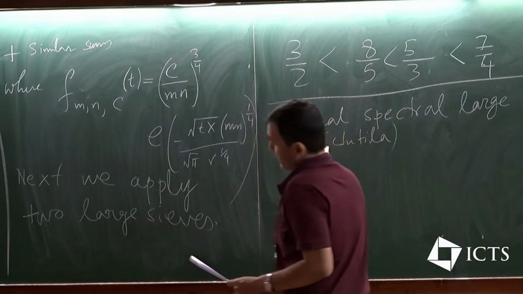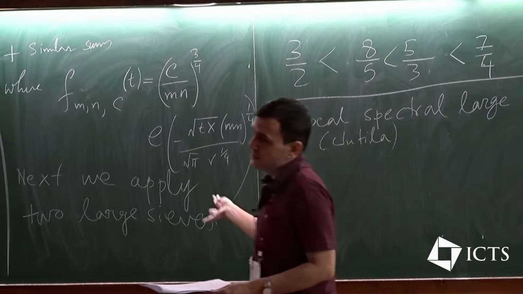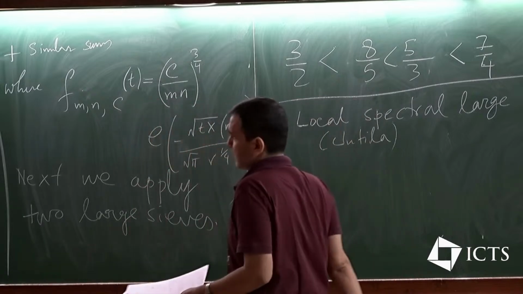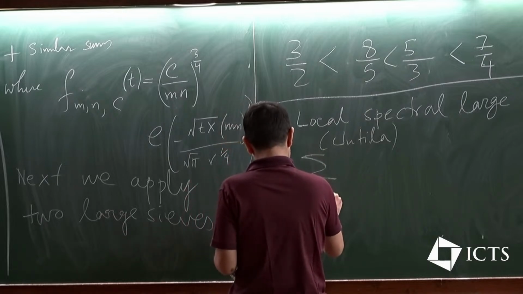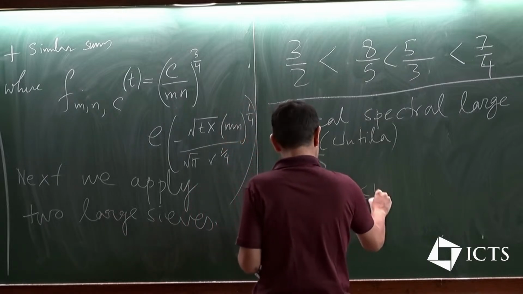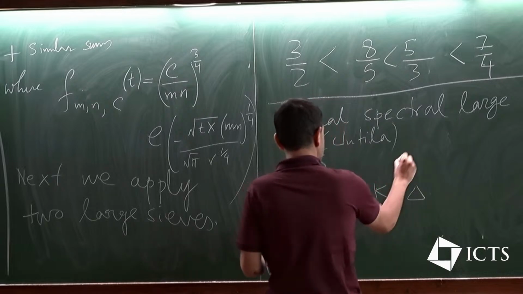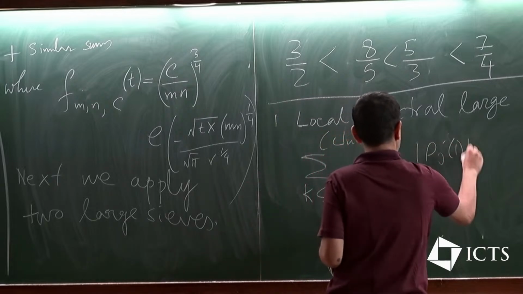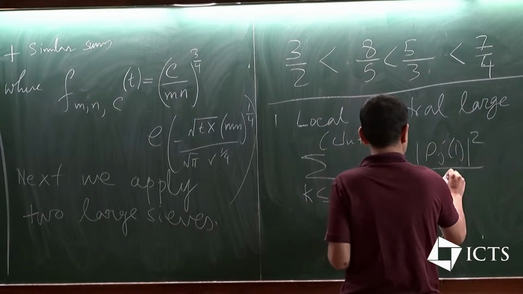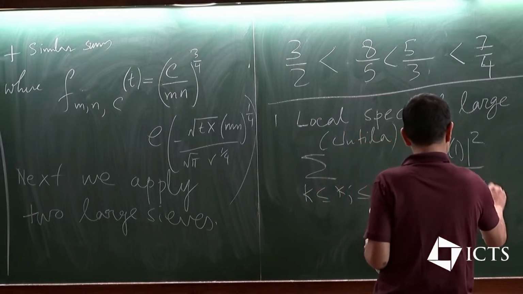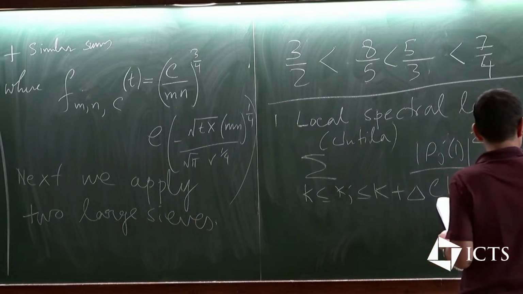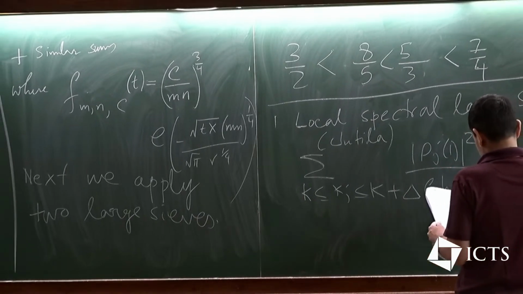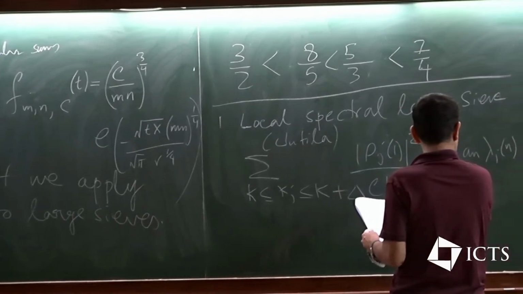Before applying the large sieve, we have to do one more round of stationary phase analysis. That's also quite complicated. And yeah, so K less than kappa_j less than K plus delta, rho_j by cosh of pi kappa_j, summation a_n lambda_j(n).